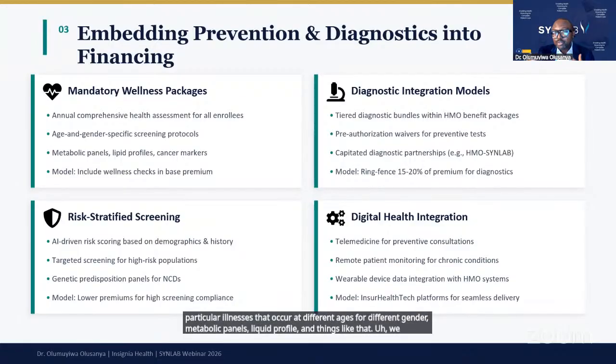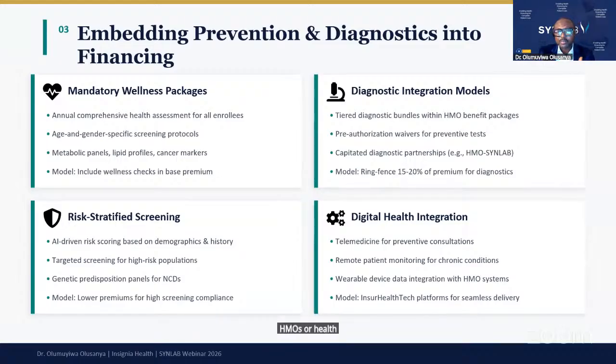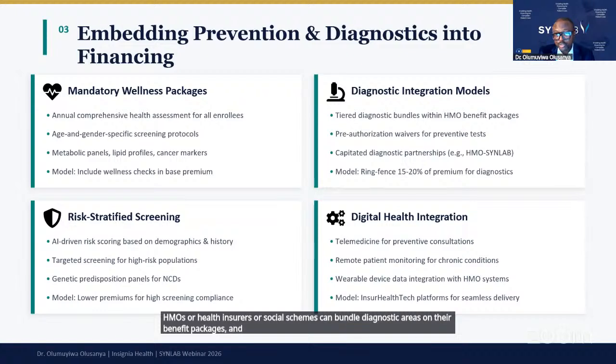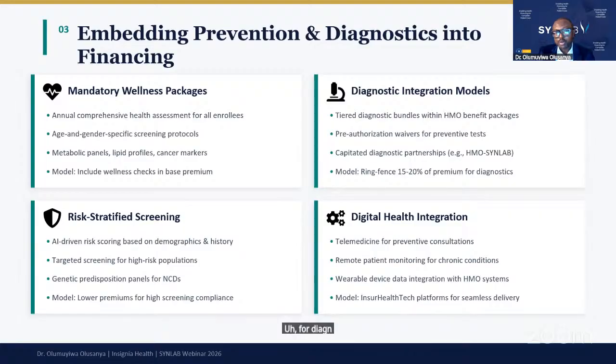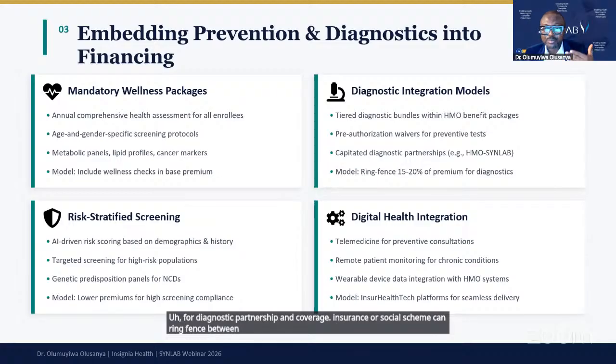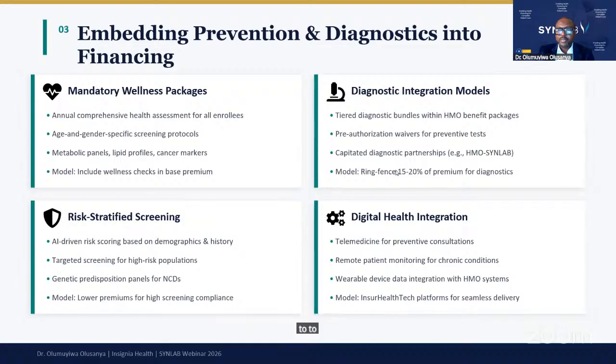We can look at diagnostic integration models where HMOs or health insurers or social schemes can bundle diagnostic areas in their benefit packages and actually get it pre-authorized so that it is not abused. We can also look at capitated payment models for diagnostic partnership and coverage, where insurers or social schemes can ring fence between 15 to 20% of their premiums to take care of the prevention through diagnostics.